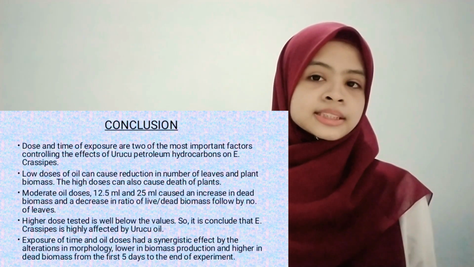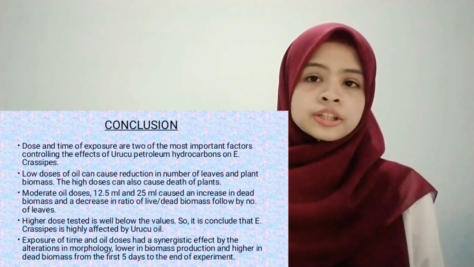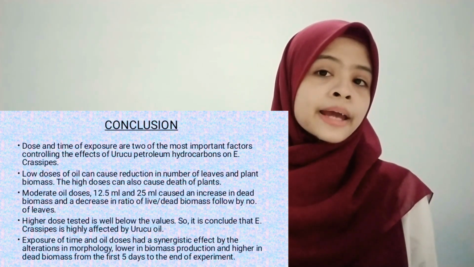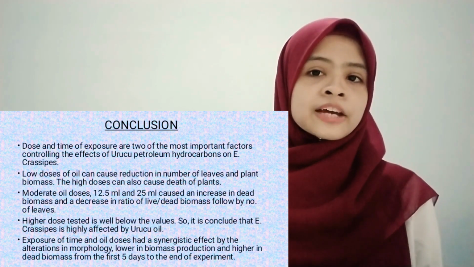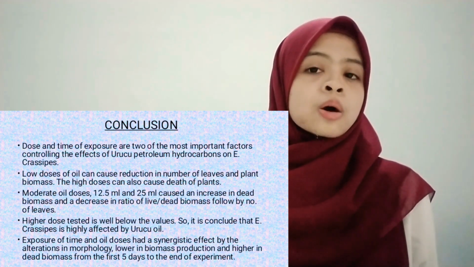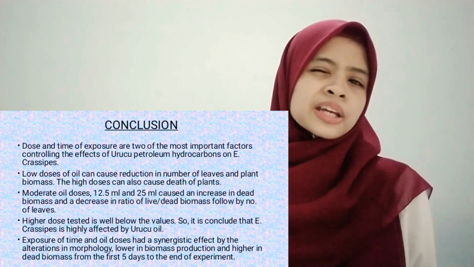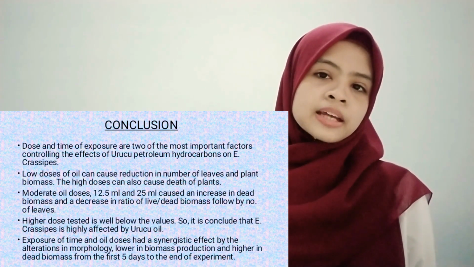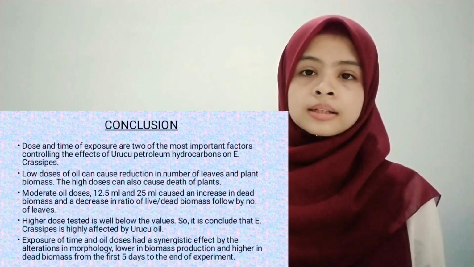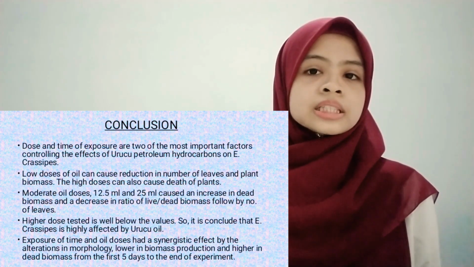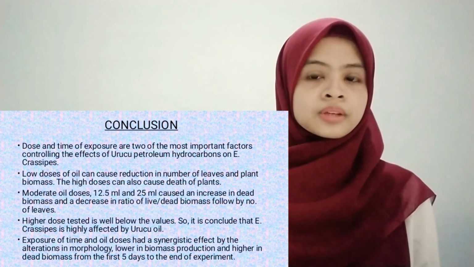Moderate oil doses, 12.5 and 25 ml, caused an increase in dead biomass and a decrease in the ratio of live to dead biomass, and also in the number of leaves. When exposed to high doses, 75 and 150 ml, the decline in biomass and increase in plant mortality were intensified.